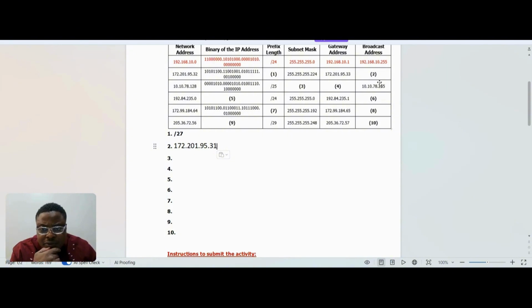Number 3: to get the subnet mask, I will use the prefix length of 25.